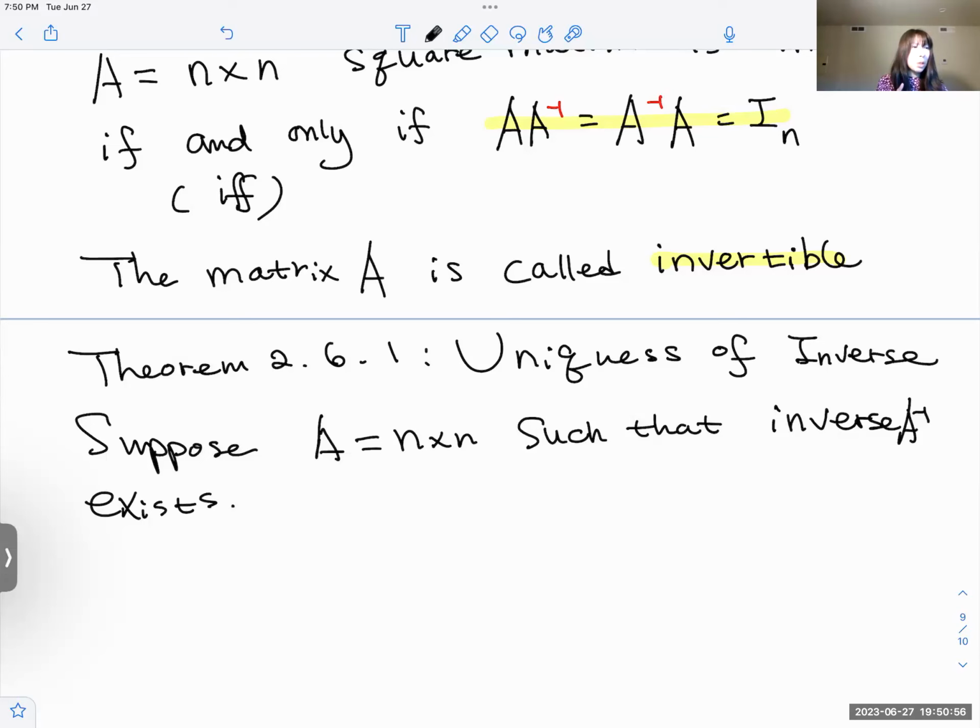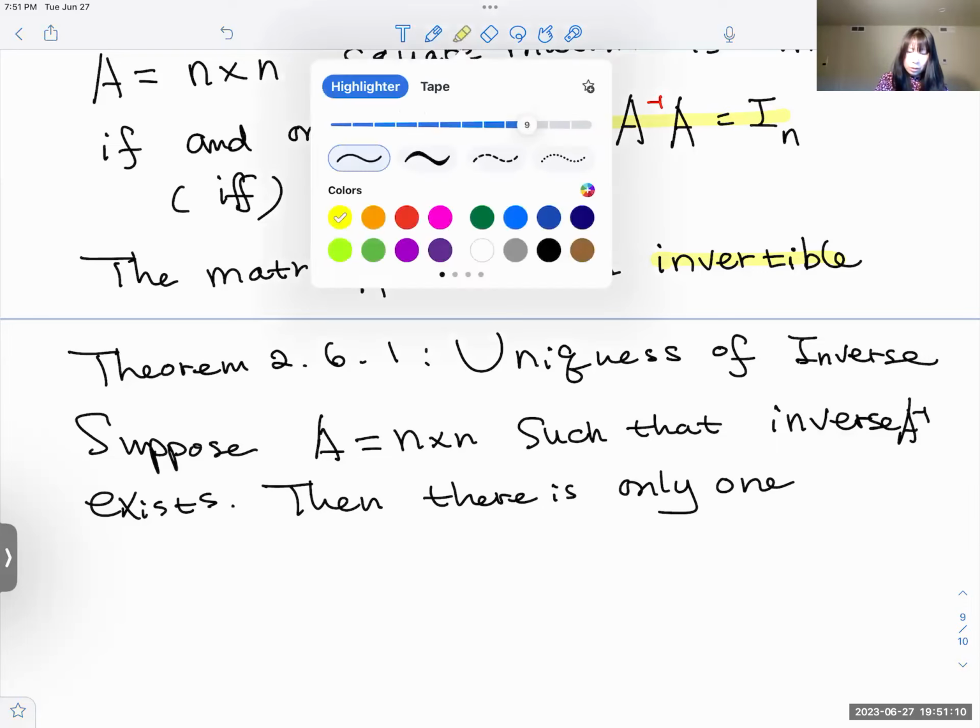Then there is only one such inverse matrix. There is not more than one, only one, unique, right? There is uniqueness.